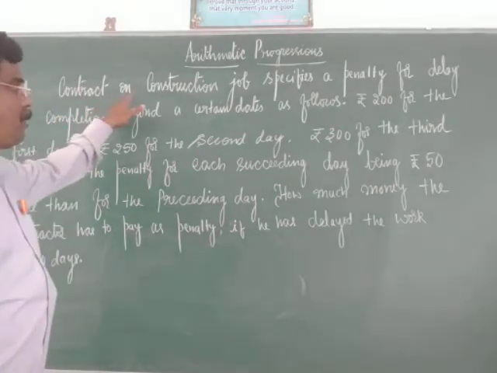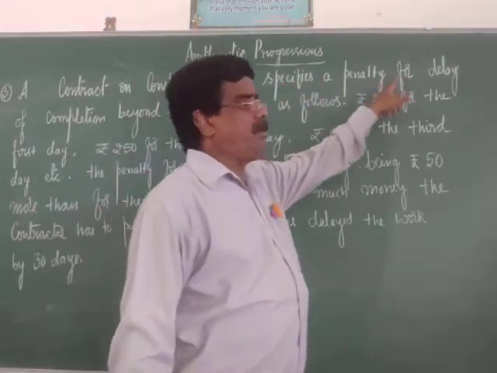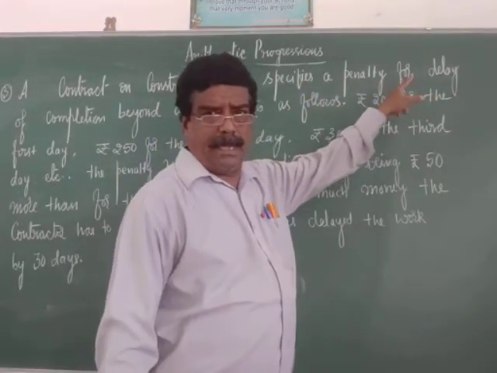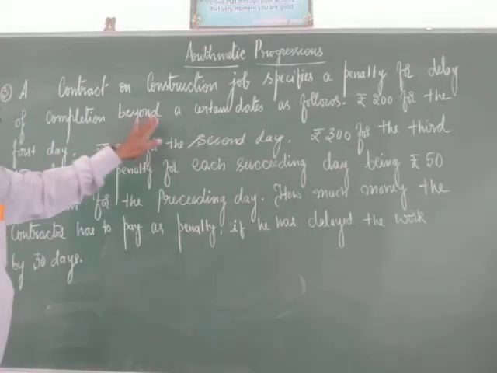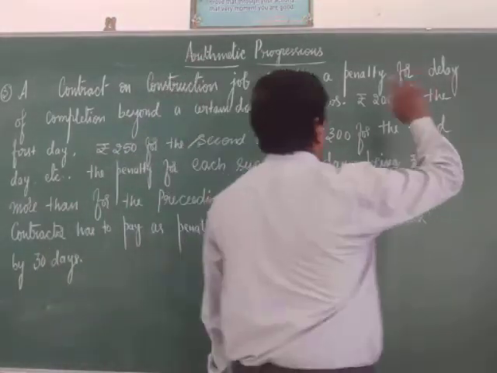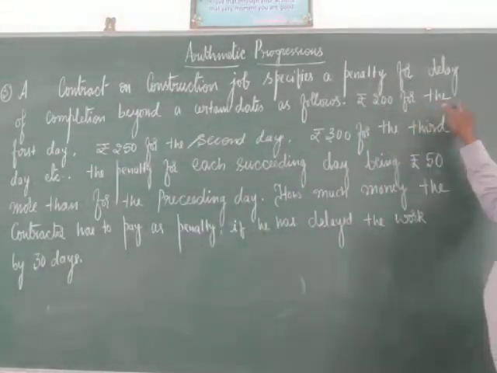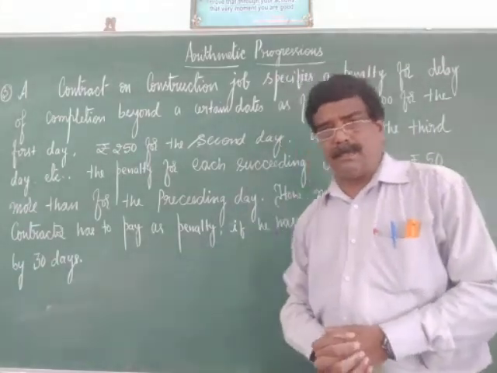A contract on construction job specifies a penalty for delay of completion beyond a certain date as follows. Rupees 200 for the first day. See, children, it is given here.